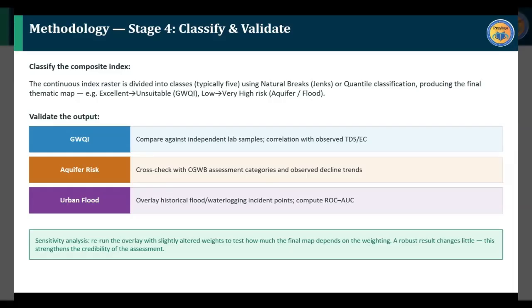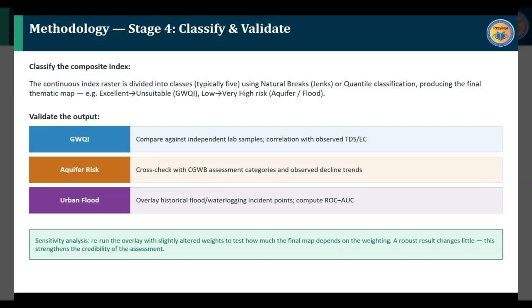You compute the correlation between your index and those independent measurements. So that will give you the validity. And you can also cross check the areas that you mapped, so that you know what is the deviation of your result.